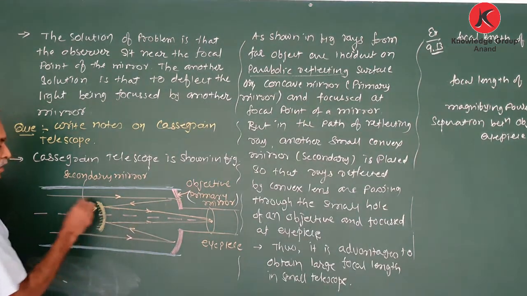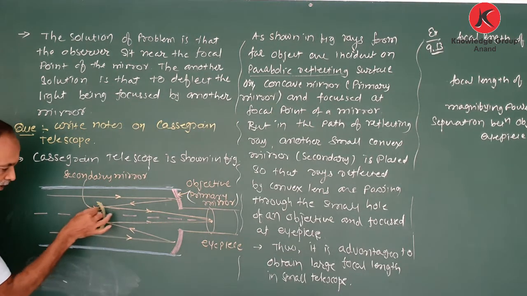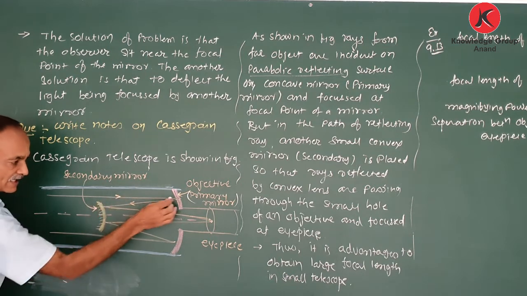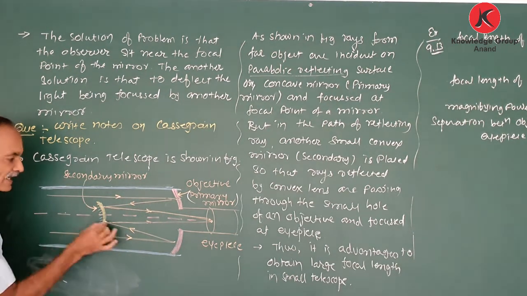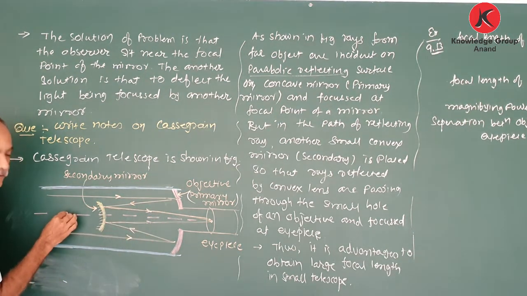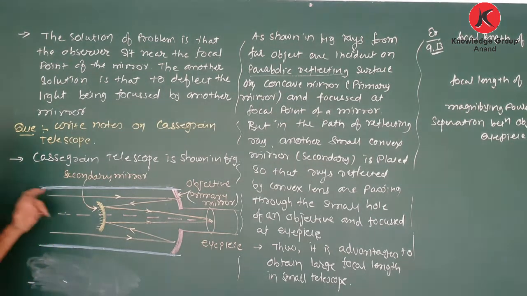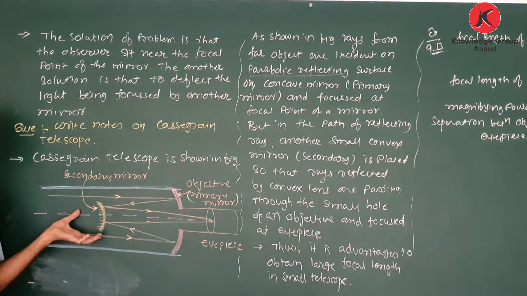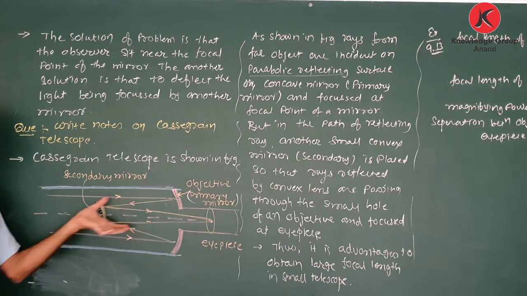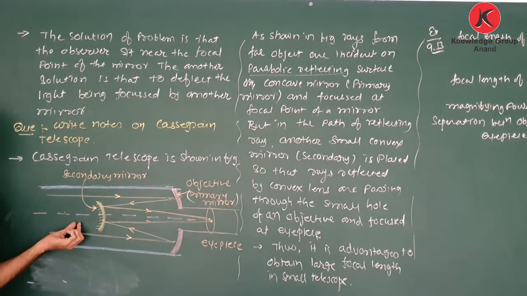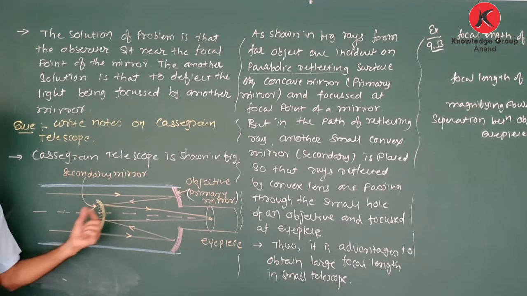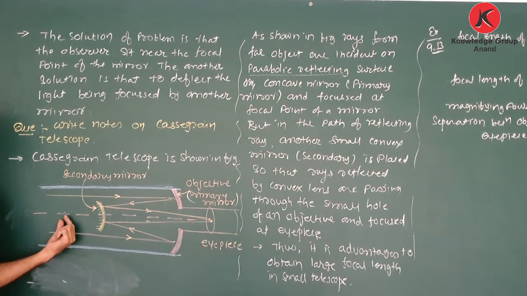So the image of the far object is focused at this point. If the secondary mirror is not present, the reflected rays meet on the principal axis at the focal point. But here the image is obtained inside the tube, inside the telescope, so it is difficult to obtain the image or to set the eyepiece of the observer inside the telescope.